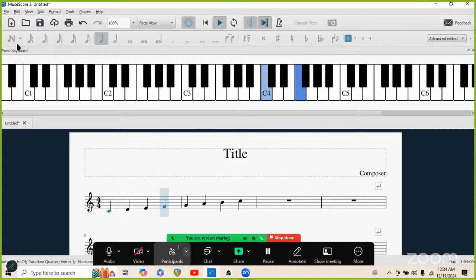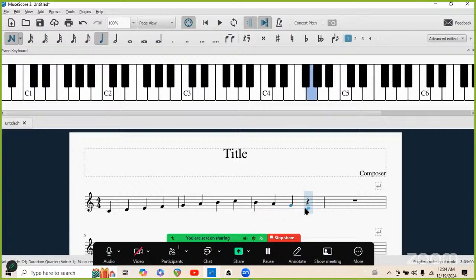And now let's write this same scale descending. Given that we just played the C, I'm not going to write another C. I'm going to start going down. B, then to A, then to G, then to F, then to E, then to D, and finally we end right where we started.